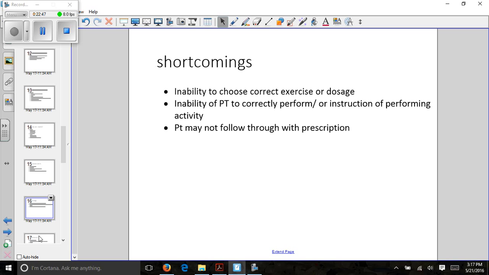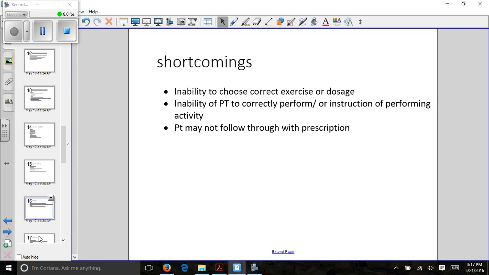Some of the shortcomings that we do see are from the PT side. You chose the wrong exercise, or you chose the wrong dosage. Either it was too little, so the patient didn't see any gains, or it was too difficult for the patient, so they didn't see any gains because they weren't able to do it.